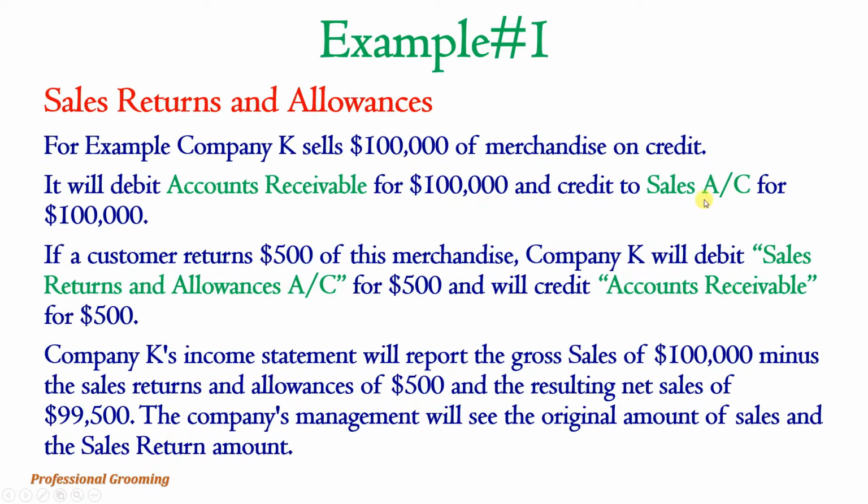So how much sales they made and how much damaged goods were returned. This is the main purpose of creating a contra account. So the management will understand how much money we get from the sales and how much money we lose. So this sales returns and allowances account is a contra account of the sales account.